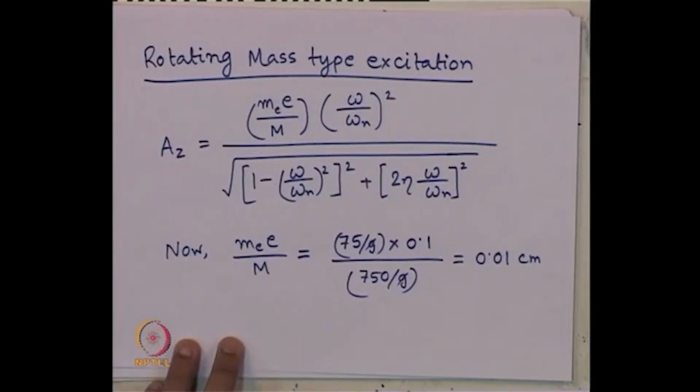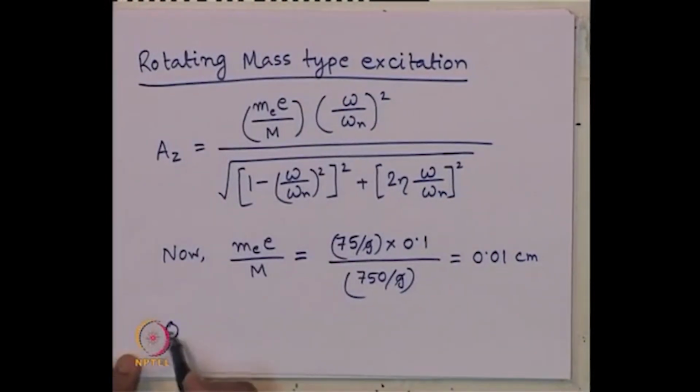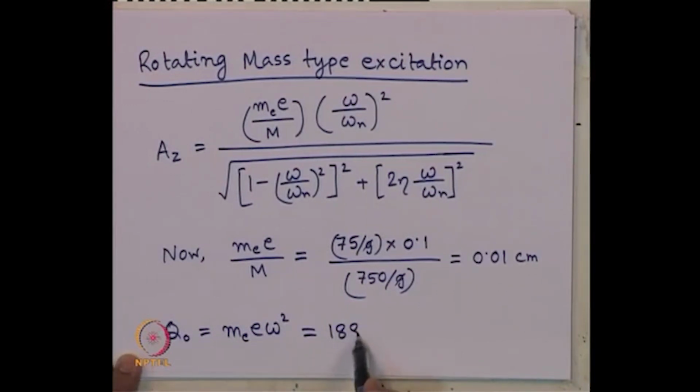Fine. So, q naught in this case is m e e omega square, it will come as 188.64 kg force only by given the provided dimension.